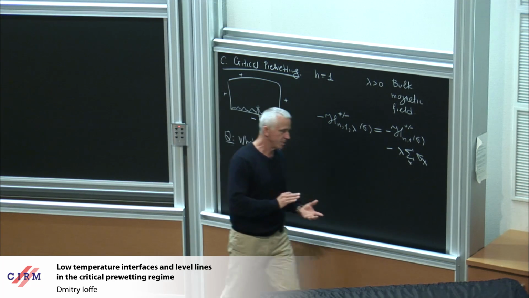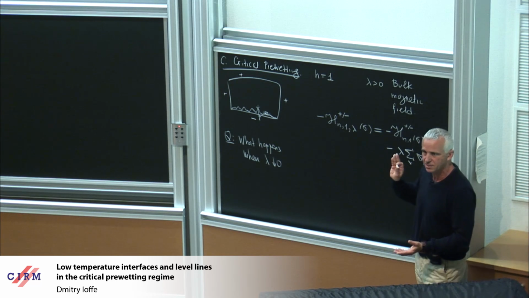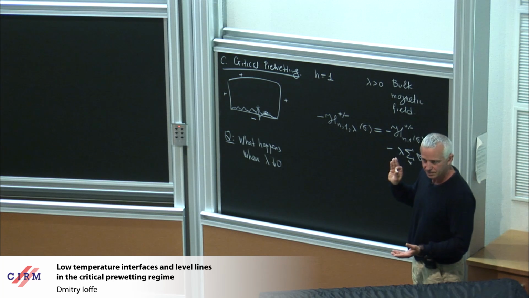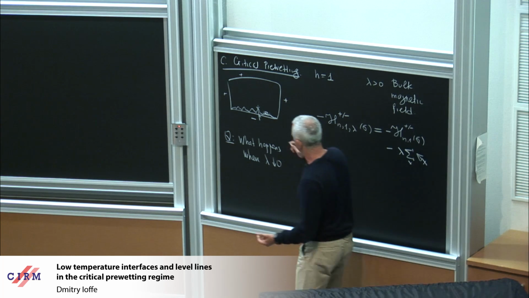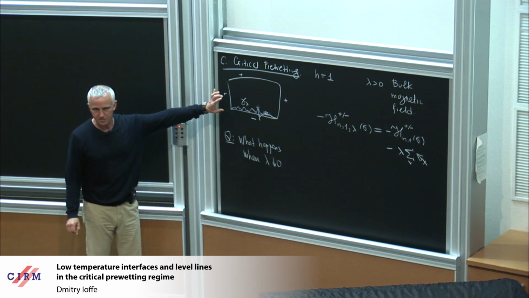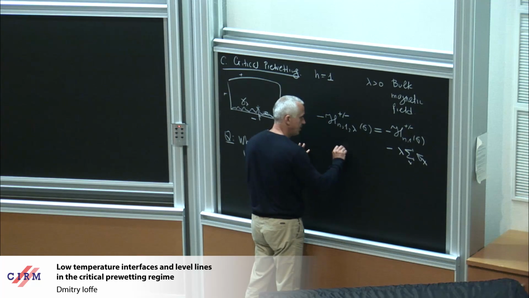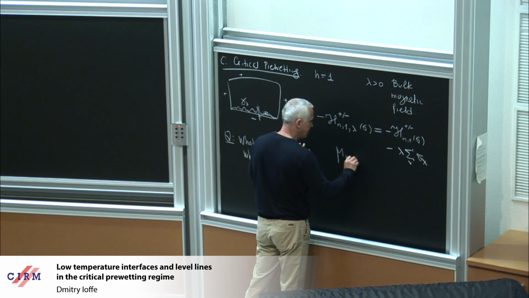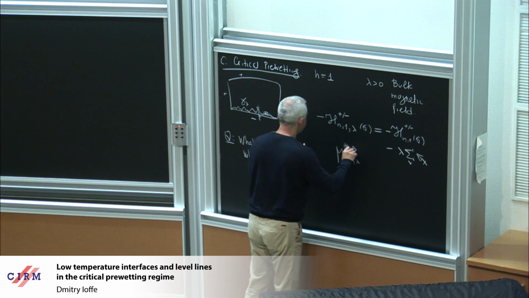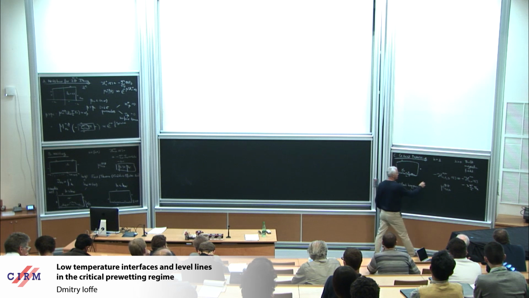The whole terminology of critical prewetting comes from statistical mechanics. There's a continuous divergence of this height. And specifically, if I denote this Γ the typical interface or random interface in this model, I can write this μ_N^{1,λ,β,±}. I keep it like that, plus minus beta. This is the probability measure.